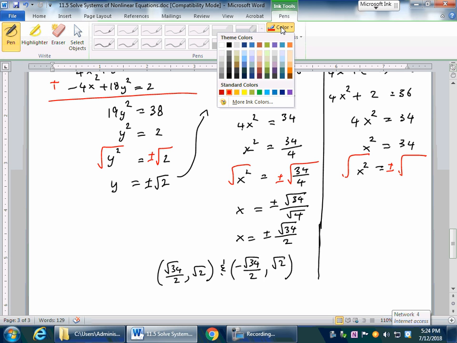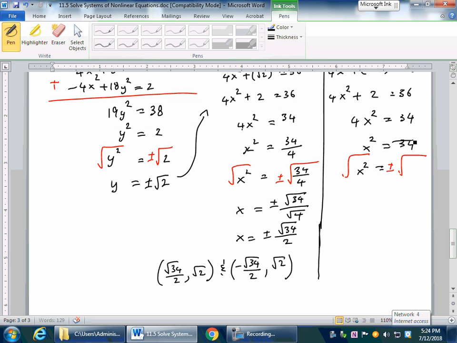I forgot to divide by 4 right here. So be careful with this. So 34 divided by 4. So x is equal to plus or minus square root of 34 over square root of 4. x is equal to plus or minus square root of 34 over 2.